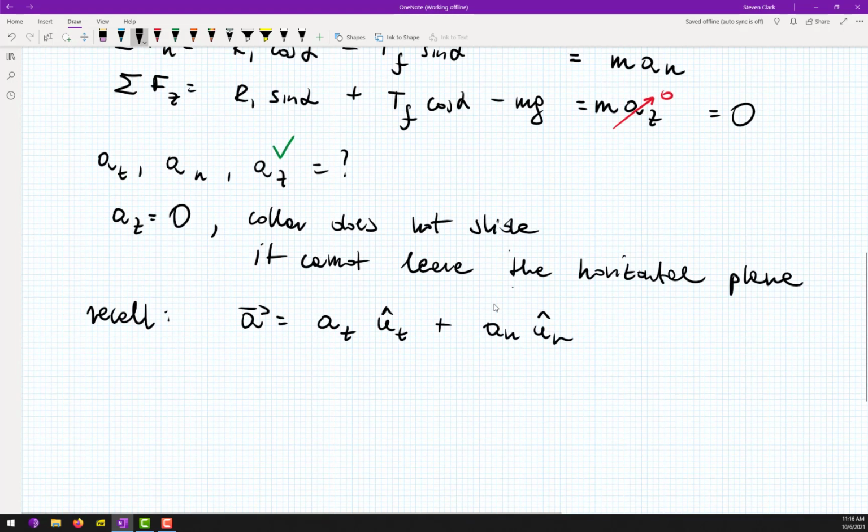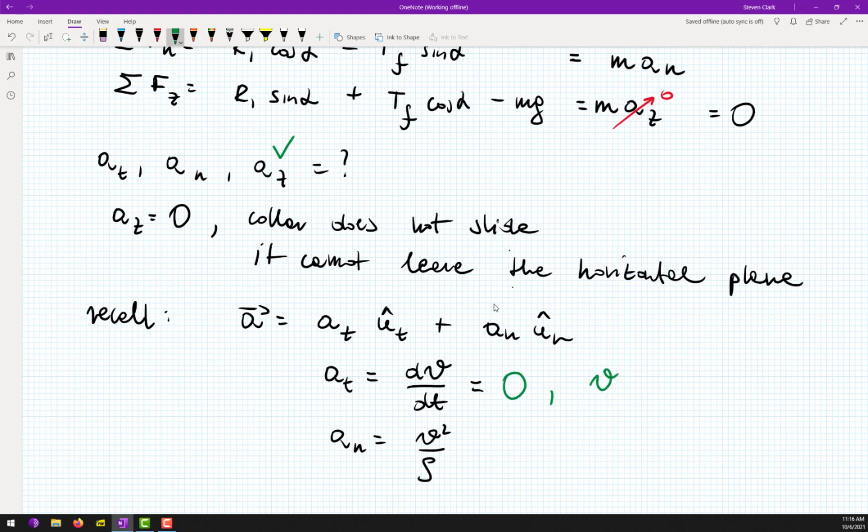And I bet that you guys remember, or if you don't remember, you have an equation sheet, that AT is equal to dv dt, and AN is equal to v squared over rho. Okay, the velocity of our collar is constant, so I don't even dare to ask you guys what is this value. This is 0 because v is constant. Perfect. And in here we have v squared over rho.